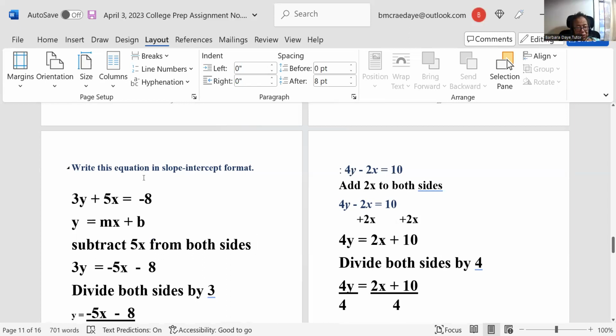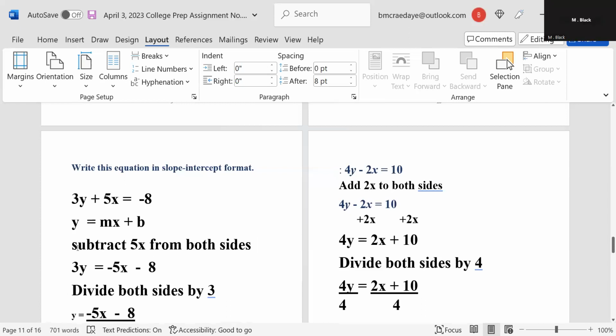Because we want our x over here. So the -5x plus 5x would just give me 3y. That's a 0, right? But on the right side, I subtract, that would be a -5x. But I put it in the front here because the general format has the mx, the x followed by the constant. You follow? And the -8 is already there. So I said -8. You with me?